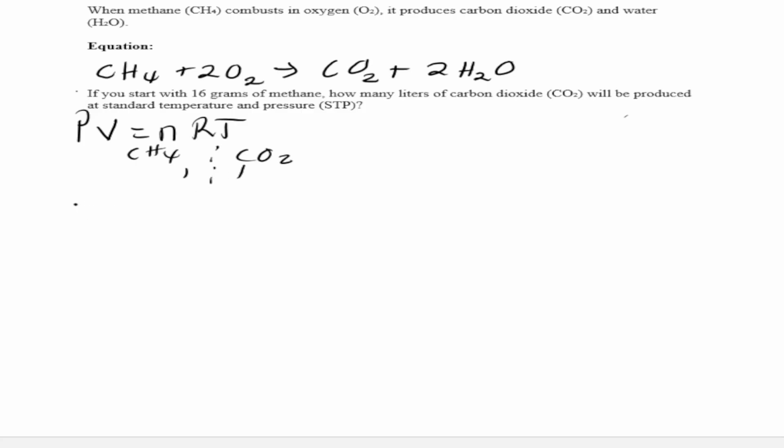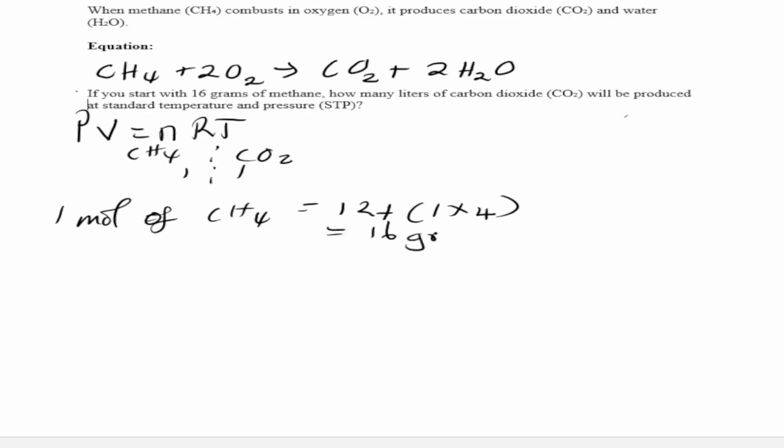Okay, so now we're gonna try to find how much is 1 mole of methane. Okay, so carbon is 12 grams plus hydrogen, it's 1, so it's 1 times 4, right? So we're gonna get 16 grams. So they also gave us 16 grams here, so it's just 1 mole.